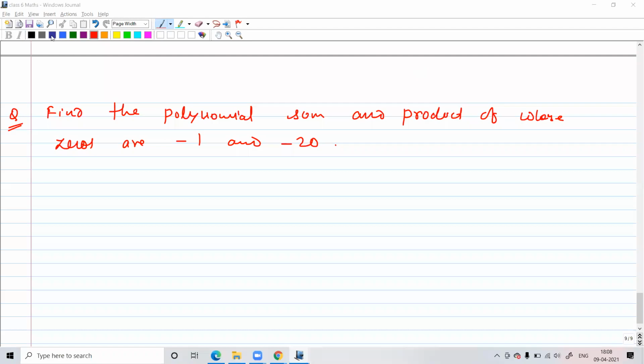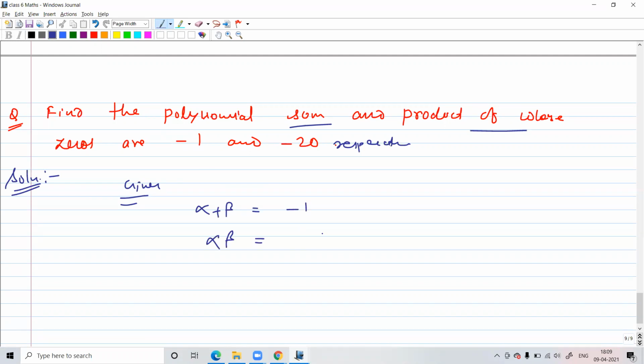Okay, so I will solve it now since this is the first question. I gave time for those who want to solve on their own. So like I said, what will be the polynomial? It will be x square minus, let's first of all write what's given. Sum and product are -1 and -20 respectively. What is alpha plus beta here? -1. And what is alpha into beta? -20, of course.